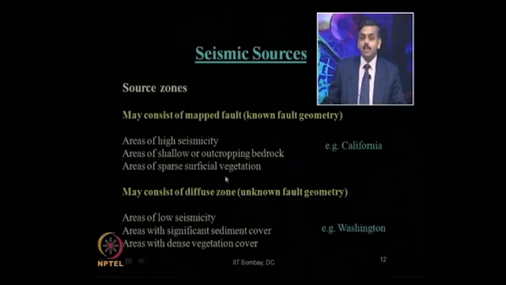Here you have less vegetation cover, here you have dense vegetation cover. So, in those areas it is very difficult to identify your fault or surface stress of the fault. So, those areas will be considered as diffuse zone, but there also we need to identify the source zone some way or other. We will see the various ways. For example, Washington is considered as a diffuse zone, where fault geometry is somewhat unknown compared to the California region.